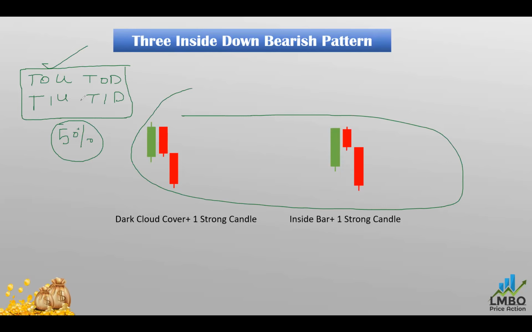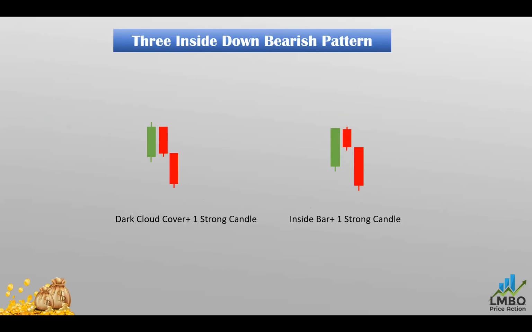Okay, let's now come to the point. When an engulfing happens, how many possibilities will happen after engulfing? For example, there is an engulfing candle, right? After engulfing, what are you expecting?